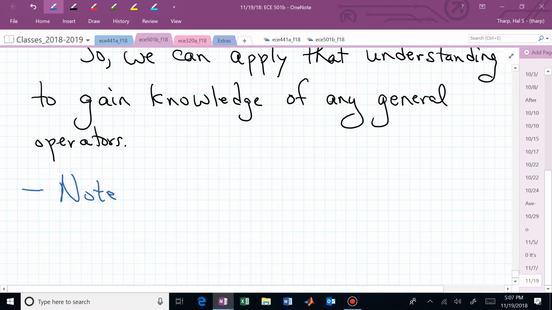Now we have these two different pieces or operators that we've separated a linear map into. A scaling piece and a rotating piece. And the bases that we use for those may not be the same.